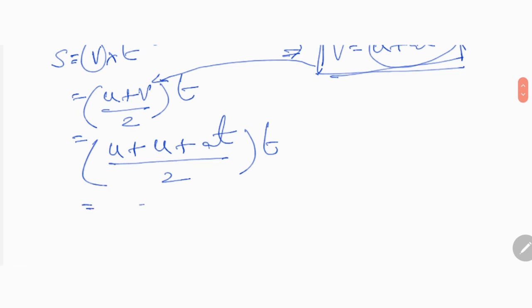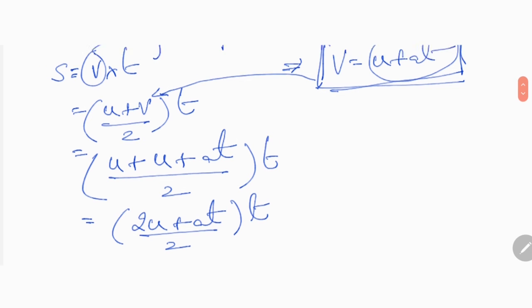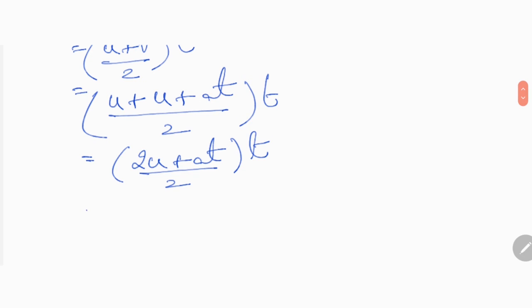So what will this become? This will become 2u plus at by 2 into t, correct? And this further implies, so let's now simplify it. So what will this become? This will become 2u by 2 t plus at square by 2, correct?